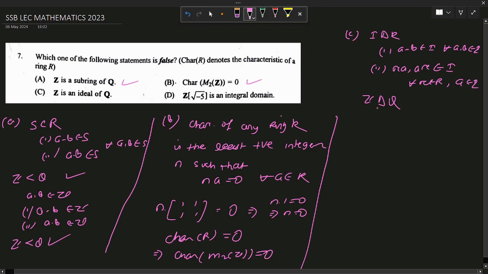If I take any element from Q and any element from Z, and multiply these two elements, and the result also belongs to Z, then you can say Z is an ideal of Q.